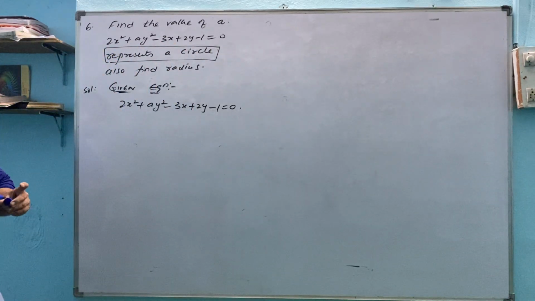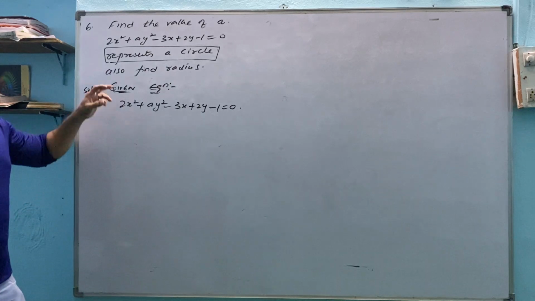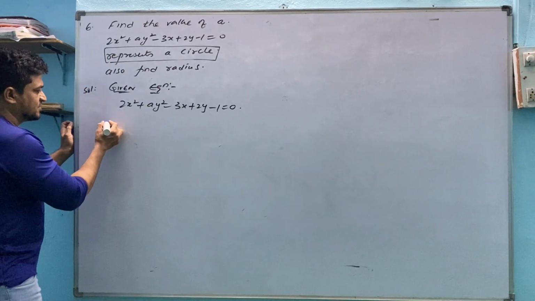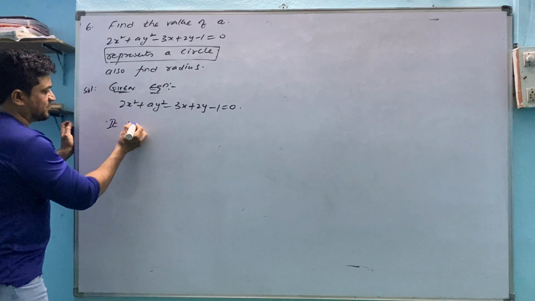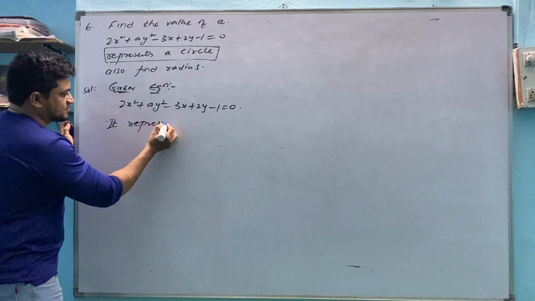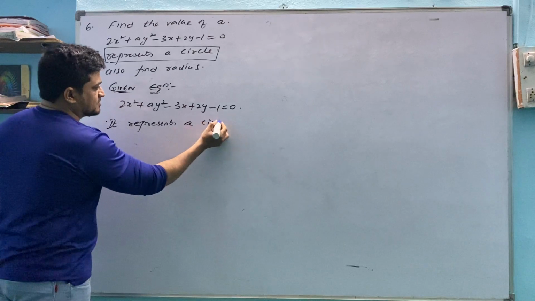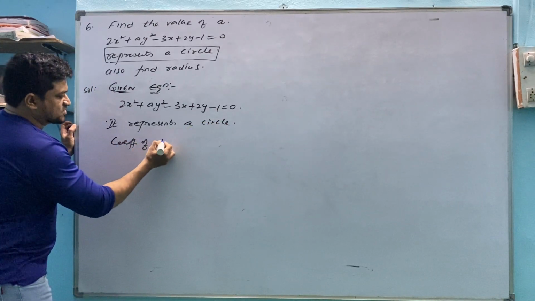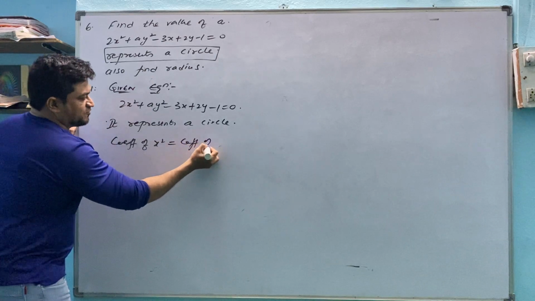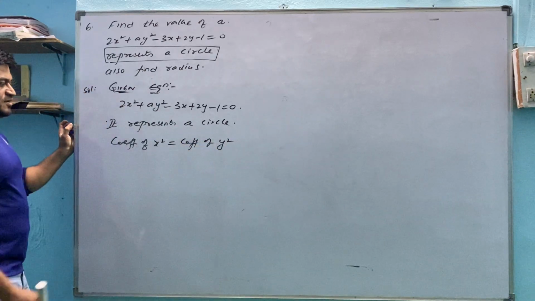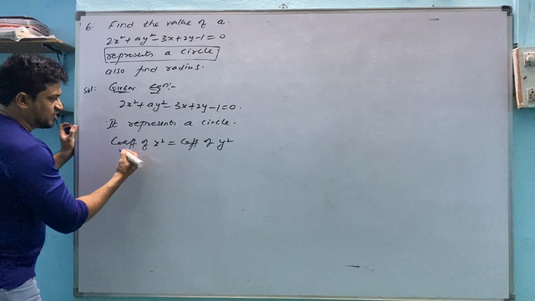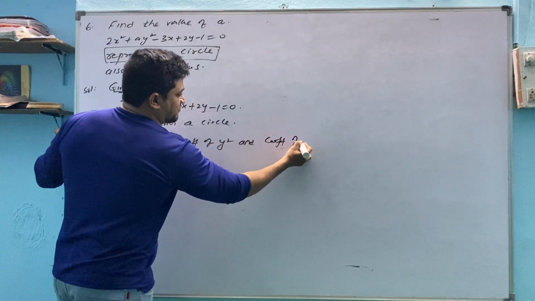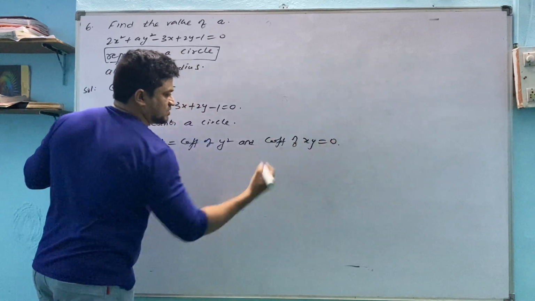So in the formulas I have given you in the introduction class, if anything represents a circle, we need to write that it represents a circle: coefficient of x square equals coefficient of y square. This is the formula. And one more is there: coefficient of xy equals 0.